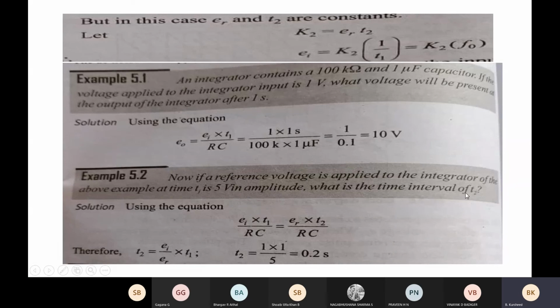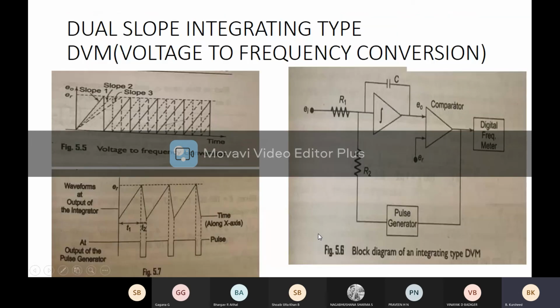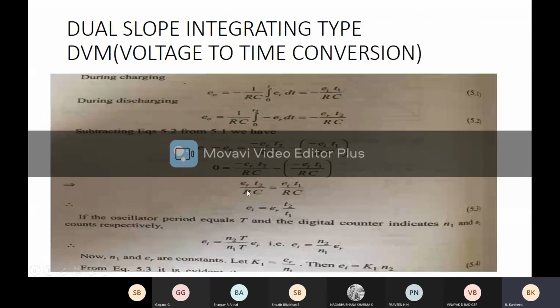What is the time interval T2? We know EI into T1 by RC is equal to ER into T2 by RC. That is what we have derived here.